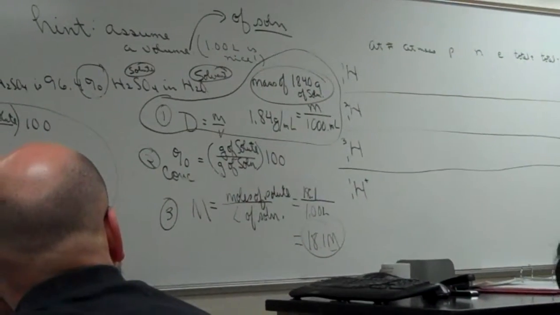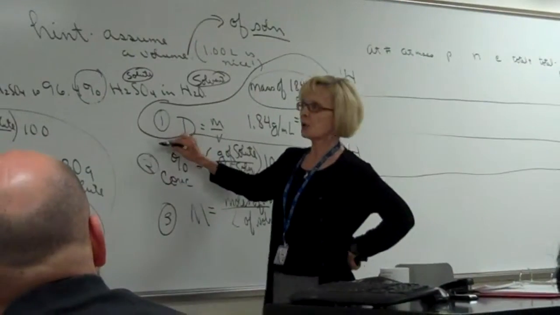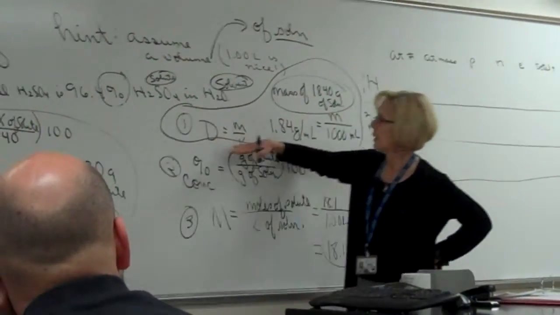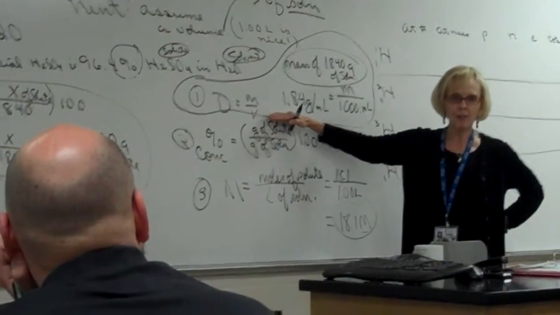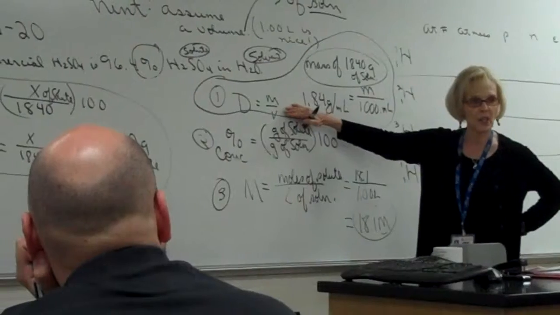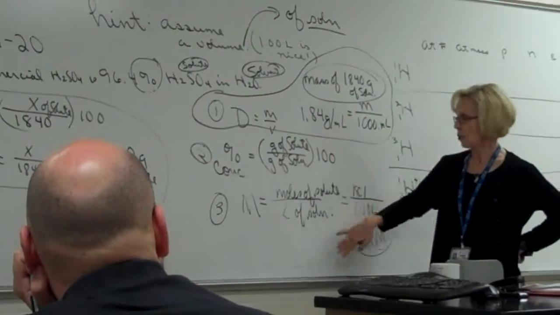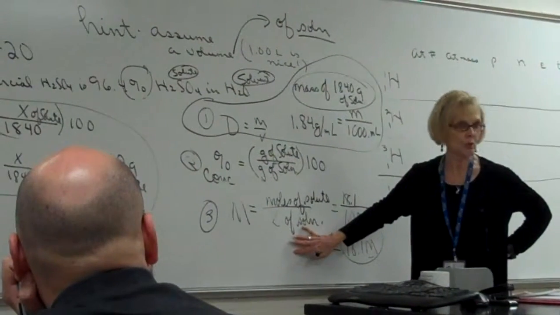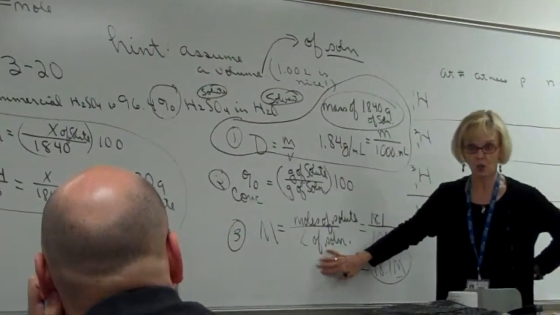Now, I've made a big, big mess on the board here. But let's go back and look. We see density in the problem. It was specific gravity, but that was just to trick us, so we know immediately, switch it over. So we have a density issue, we have a percentage issue, we have a molarity issue. And the brain strain is to decide what comes first.